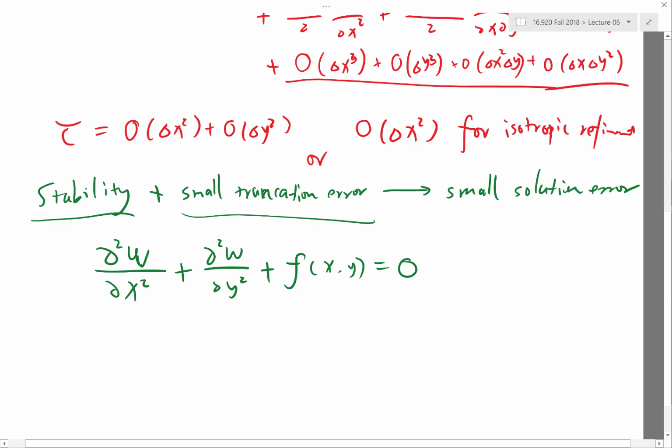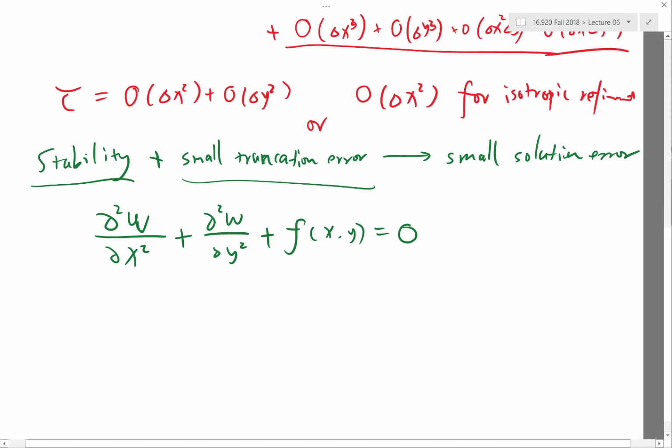All right, the analysis of stability, actually the process is different, but the principle is actually the same. The principle has always been that if you are able to substitute the analytical solution into the numerical approximation, how would the error look like?